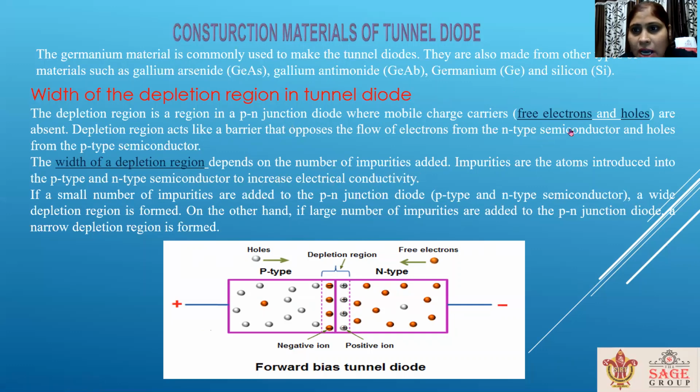Impurities are atoms introduced into the p-type and n-type semiconductor to increase the electrical conductivity. If a small number of impurities are added to the p-n junction diode, a wide depletion region is formed. But if a large number of impurities are added, a very narrow depletion region will be formed.